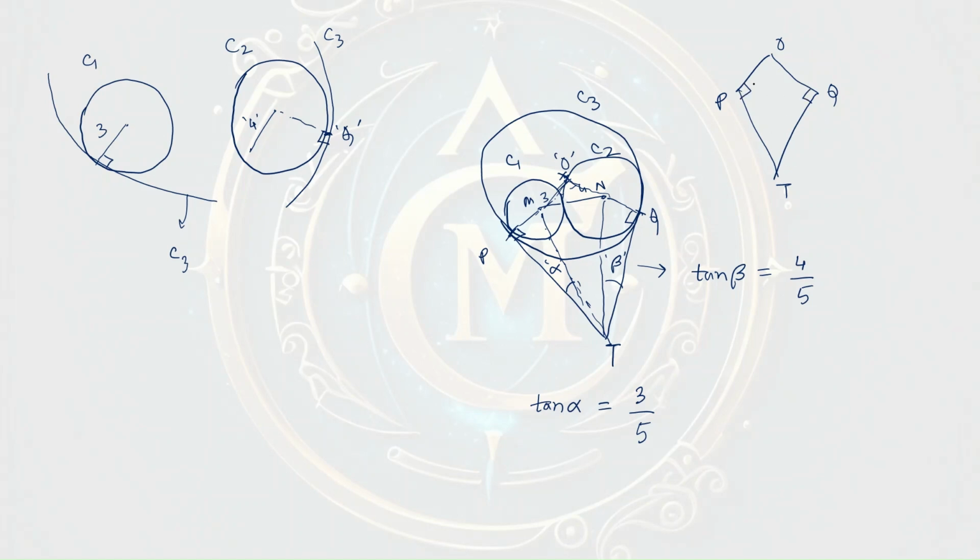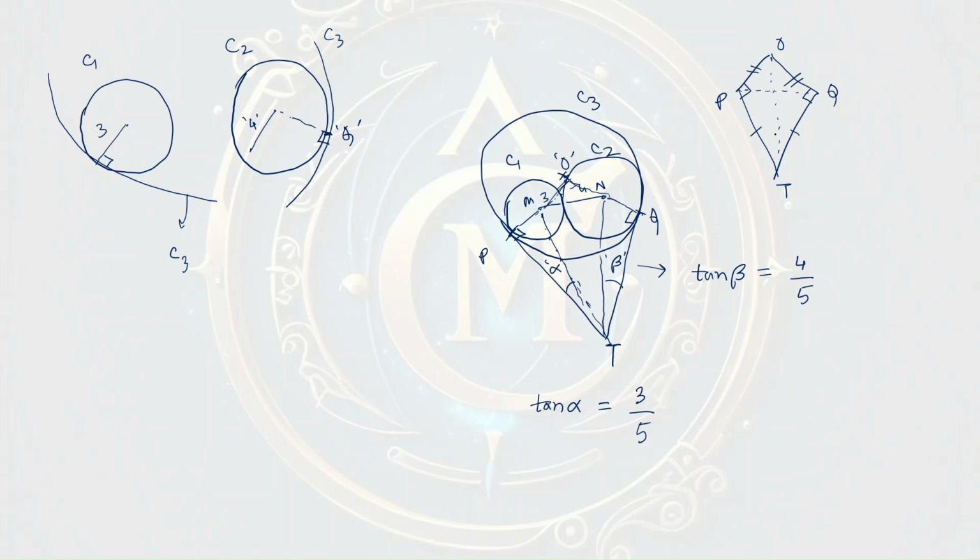Now as OP is equal to OQ, because OP and OQ are the radii of the circle C3, so they must be equal. And PT and QT are also equal in length because they are tangents drawn to the circle C3 from a point T. That means this is nothing but a right angle kite.